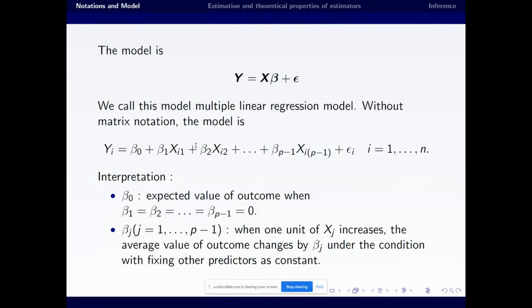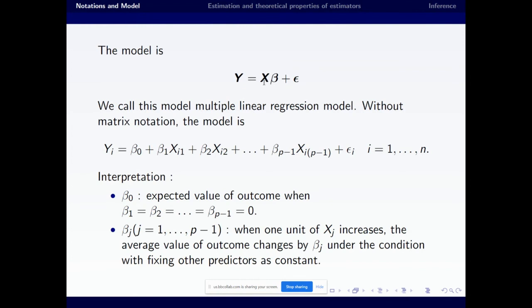So the model is bold y equals bold X beta plus epsilon. Here we can do a matrix multiplication of bold X and bold beta because bold X is an n times p matrix and bold beta is a p times 1 vector.